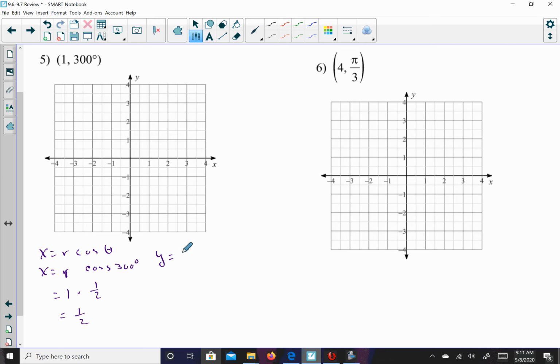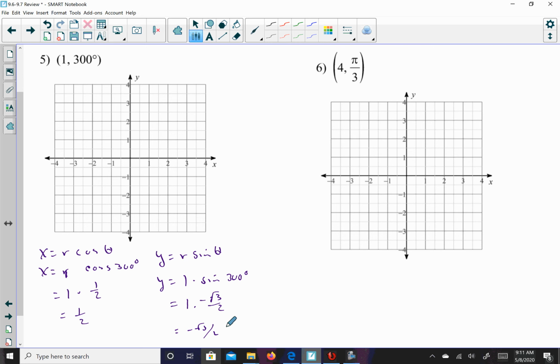Y is equal to r times the sine of theta, so y is equal to 1 times the sine of 300 degrees. The sine of 300 degrees is a negative square root of 3 over 2.